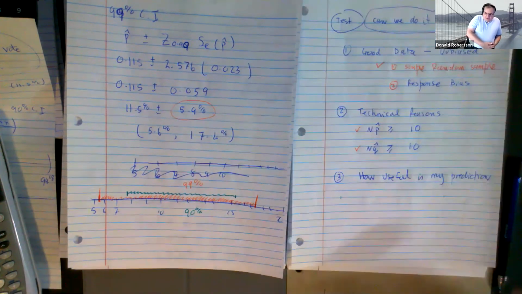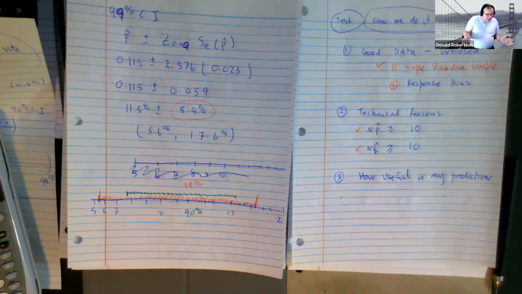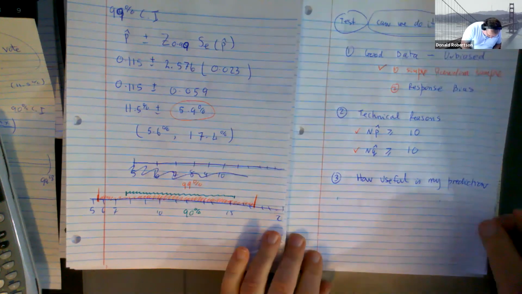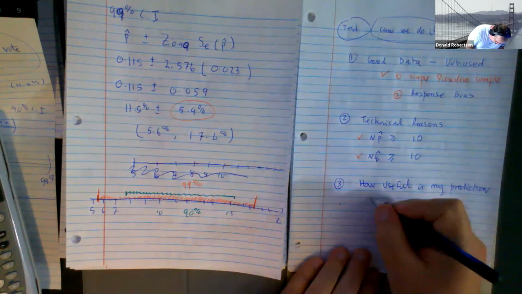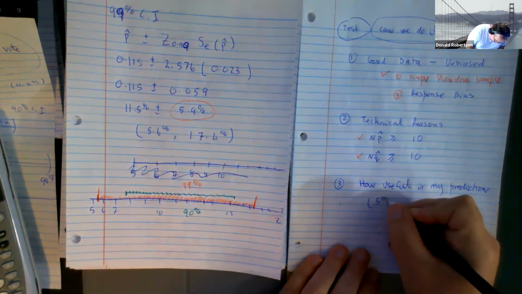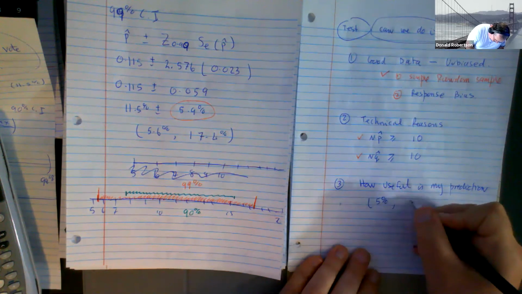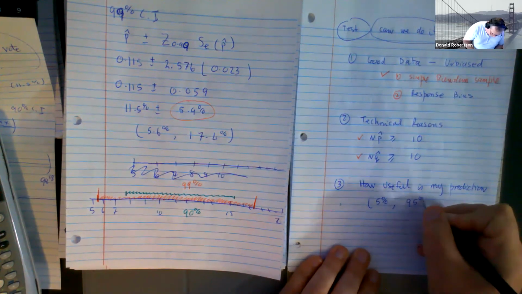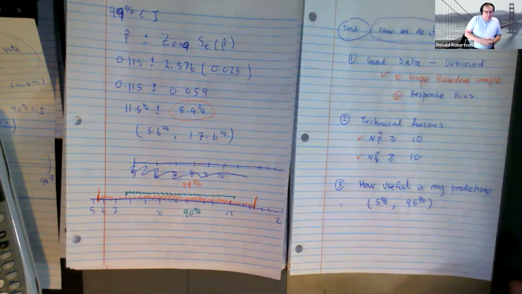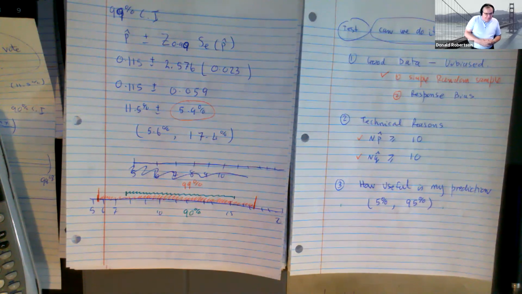Now, the third one is how useful is the prediction, right? I've created a confidence interval, but how useful is it? Suppose I was asking that same question, but the interval ended up being 5% to 95%. Would you agree that that confidence interval is pretty useless? You might as well just guess, right? The answer's somewhere between 5 and 95%.